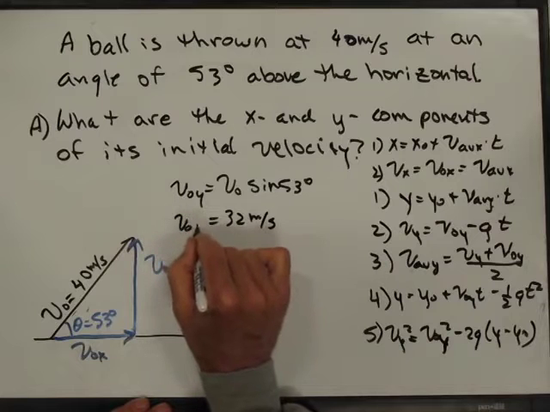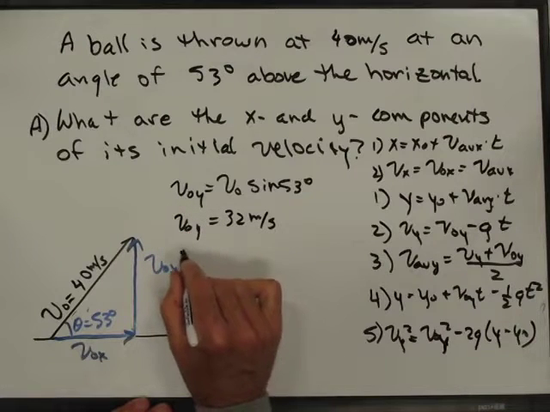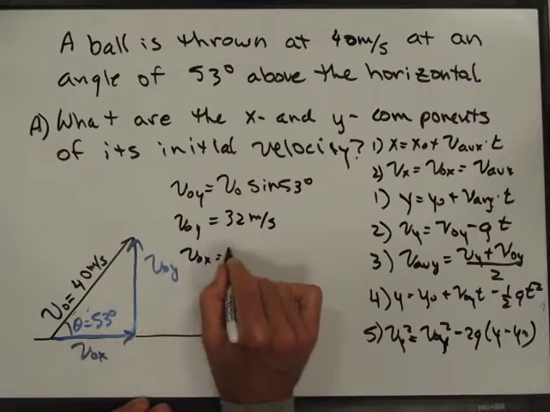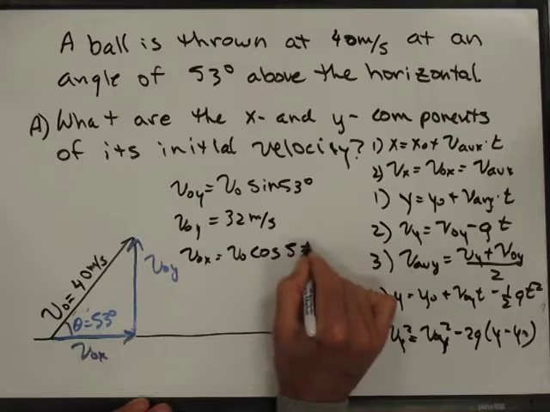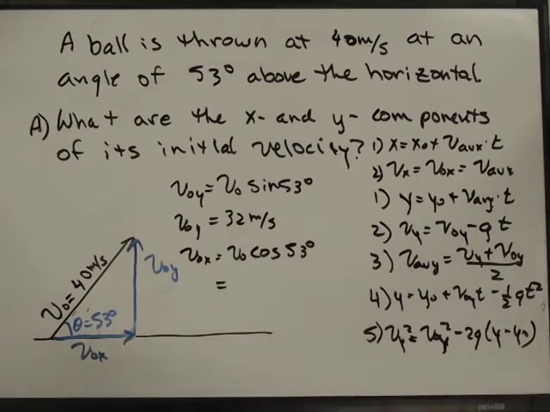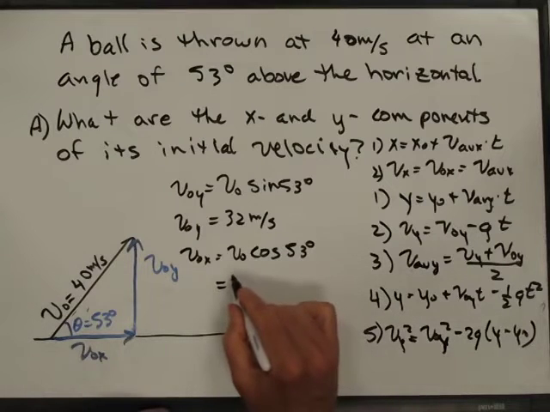That's v naught y. And then v naught x is v naught cosine 53 degrees. And so that's 40 times cosine 53, and that's 24 meters per second.